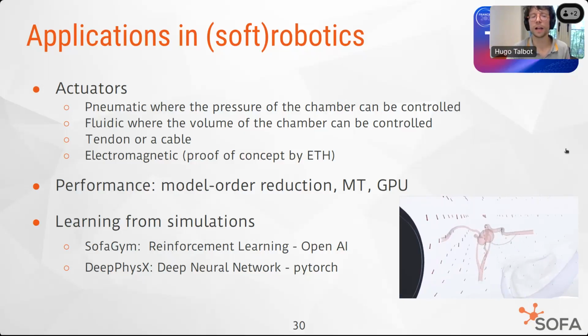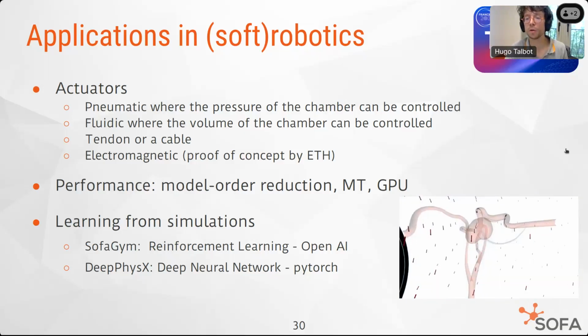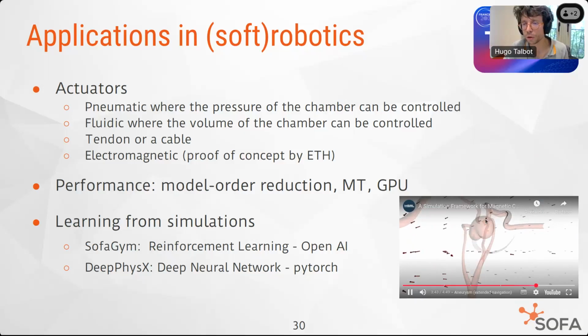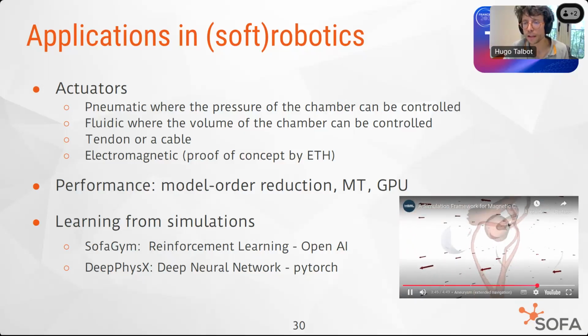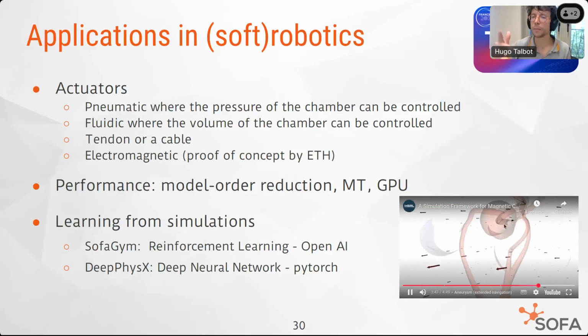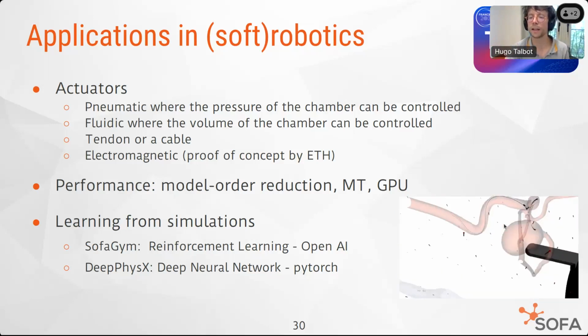And with electromagnets, they are actually learning to control and automatically navigate this catheter, with, as you might see here, at the tip of the catheter, a black tip. This black tip can be oriented through the magnetic field.